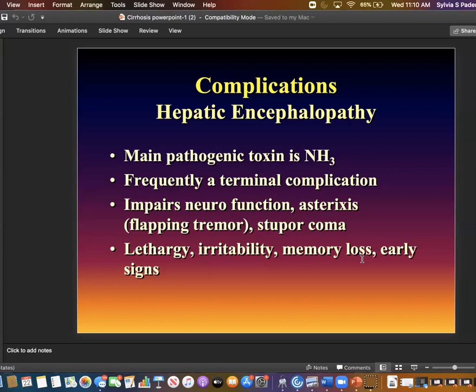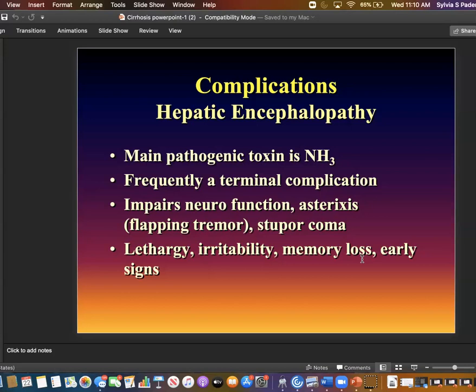Whenever we have these patients, they're normally confused and they're very mean to the staff. But once we get the lactulose on board, their mentation improves, and they don't remember how they were acting prior to the event.